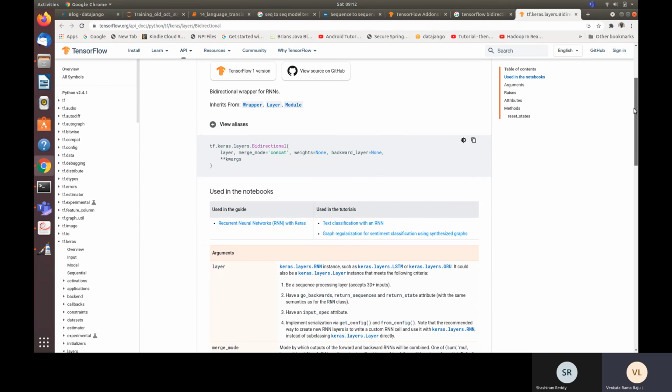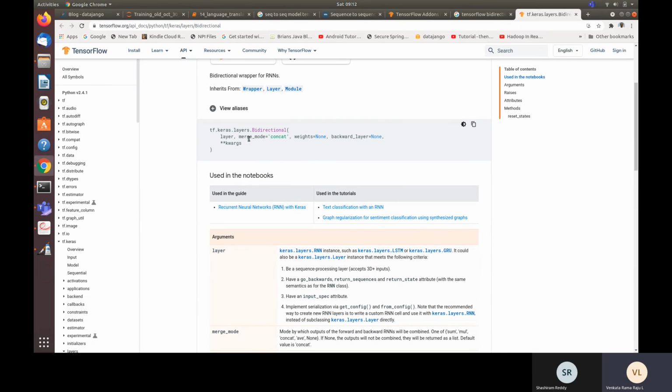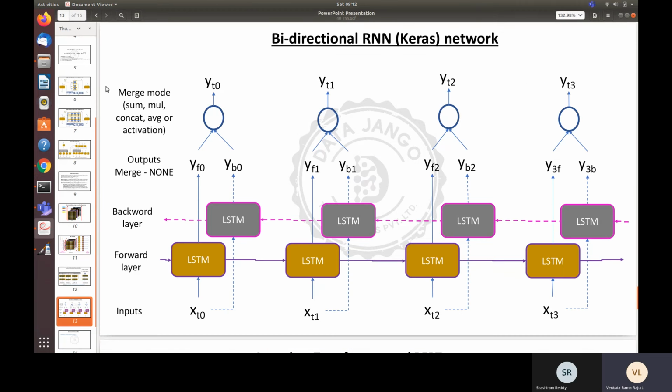And then you specify the merge mode, which is concatenate. What is this merge mode? It is whether you want to do some merge. Concatenate means the outcome vector here and the outcome vector here will be concatenated. 3 and 3, you will get a 6 dimensional vector there.